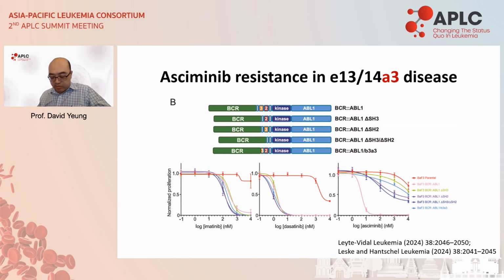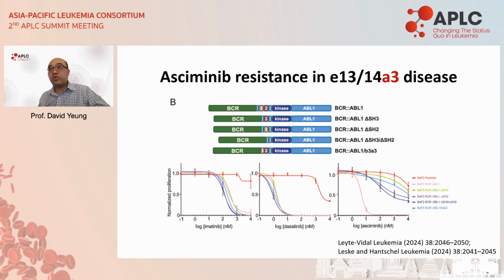In terms of asciminib resistance, I've illustrated to you the kinase domain mutations of importance. There's also increasing data suggesting that if you take out the SH3 domain of ABL, you will have resistance to asciminib.